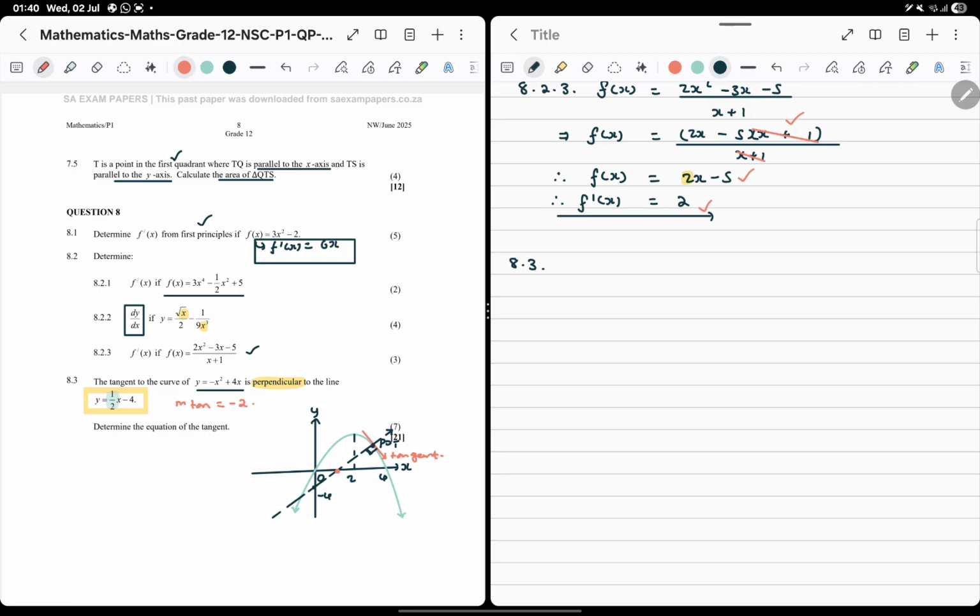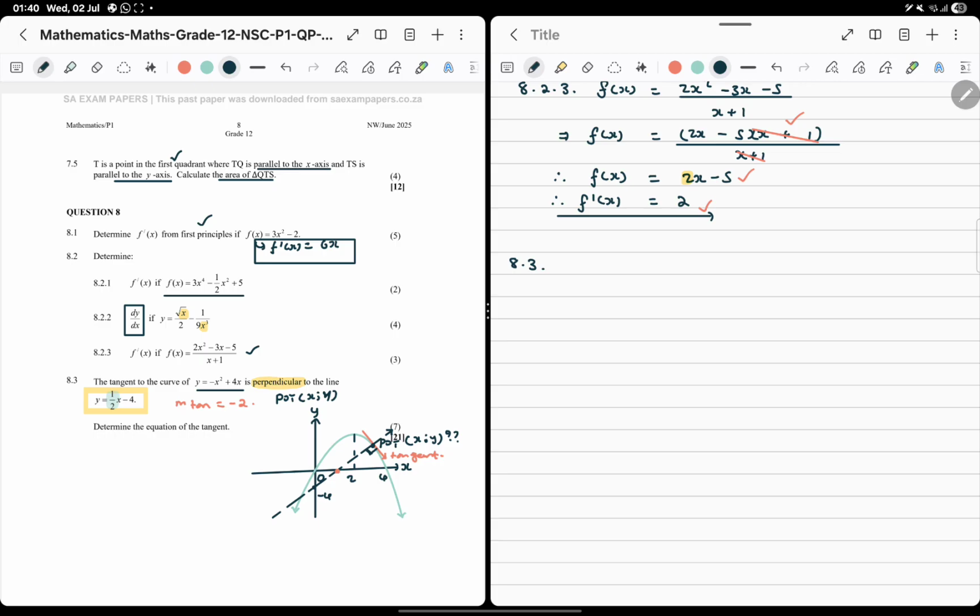So this is the state of affairs now. So what we need now, we just need the point. We just need the point x is to y. So what is that? We need that big time, because without the point we won't be able to find the y-intercept of the tangent. The gradient is easy, but we need to set up the y-intercept.